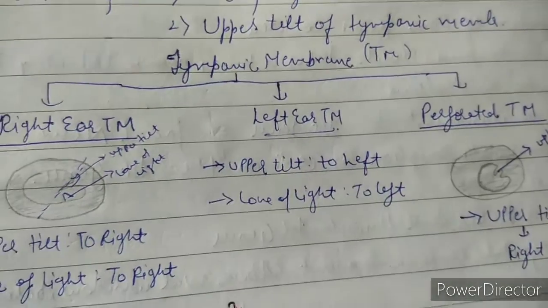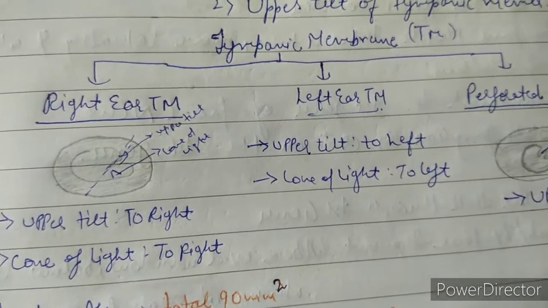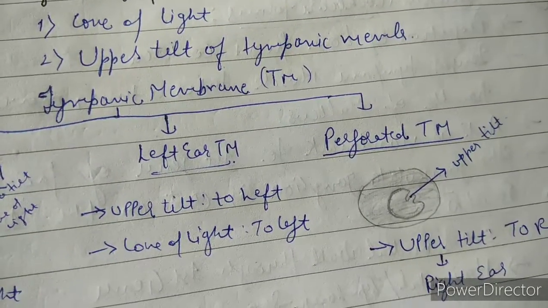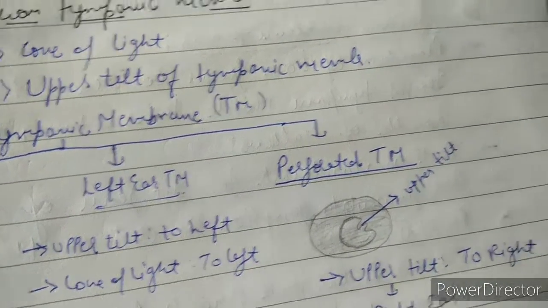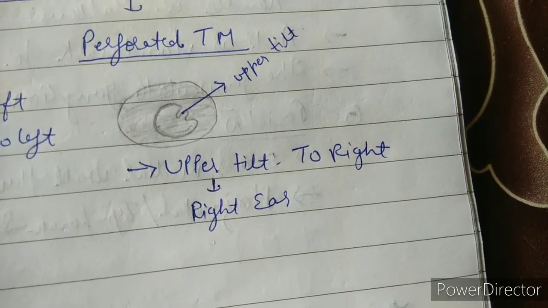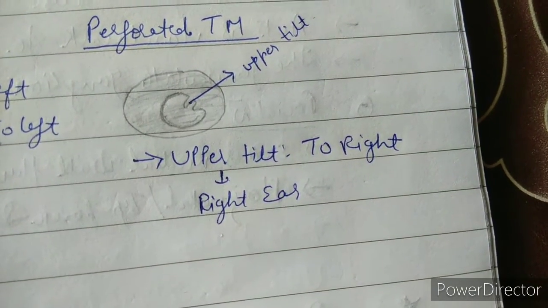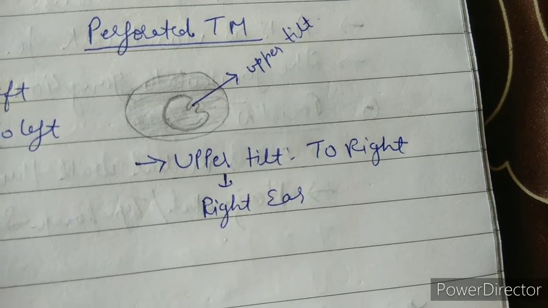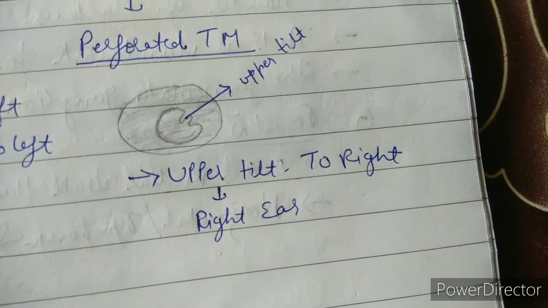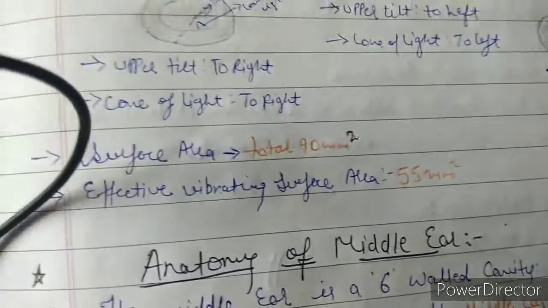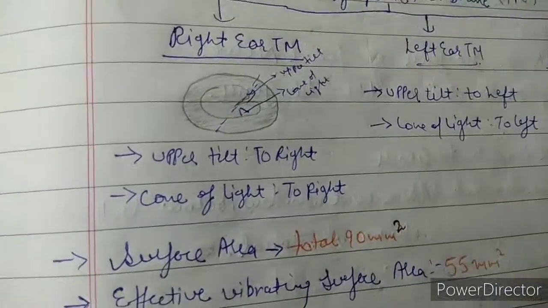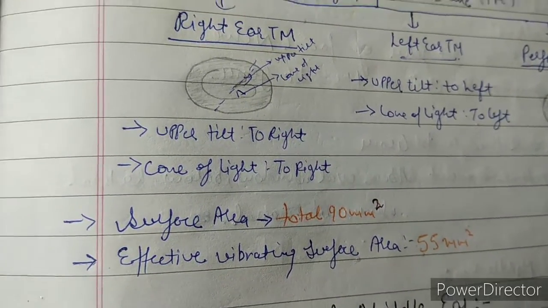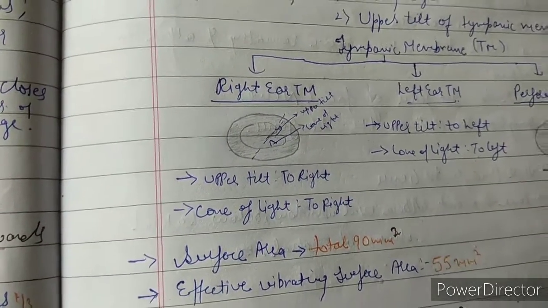In the left ear, if we have the upper tilt towards the left and the cone of light towards the left, then that tympanic membrane will be of the left ear. Now if we have a perforated tympanic membrane, then we will see the upper tilt again, because the cone of light cannot be seen. If the upper tilt is towards the right, then the tympanic membrane is of the right ear. So guys, the total surface area of the tympanic membrane is 90 mm squared and the effective vibrating surface area is 55 mm squared.